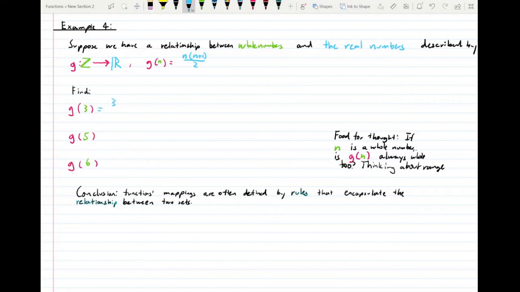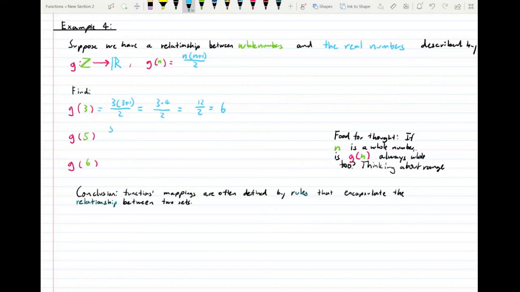We have 3 times 3 plus 1 over 2, which is equal to 3 times 4 over 2, which equals 12 over 2, or 6. Moving on, we've got g of 5.